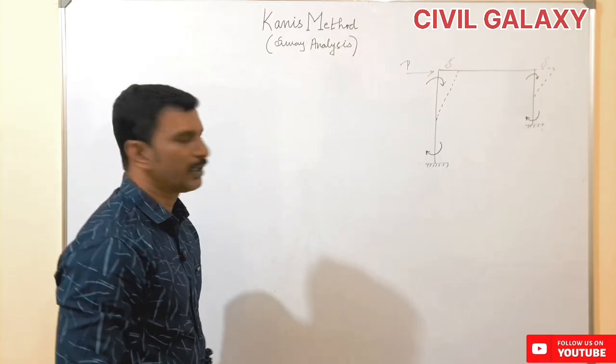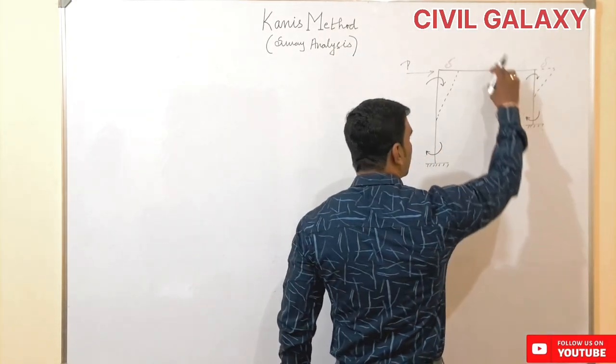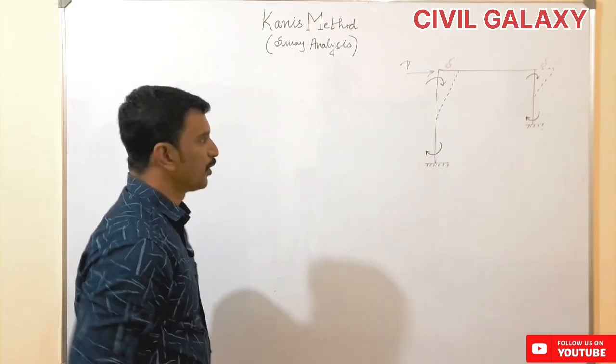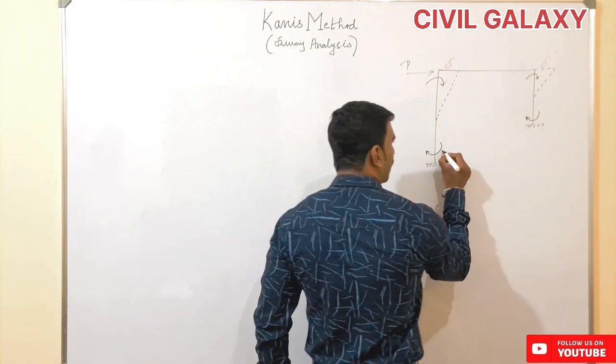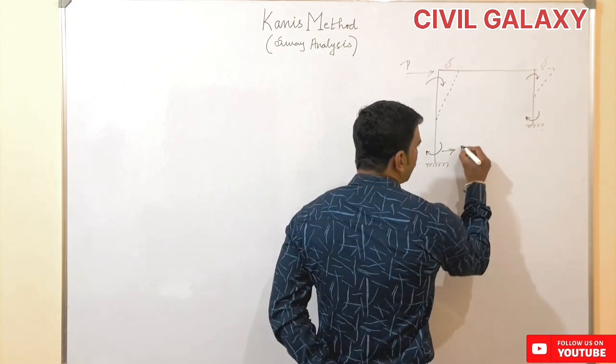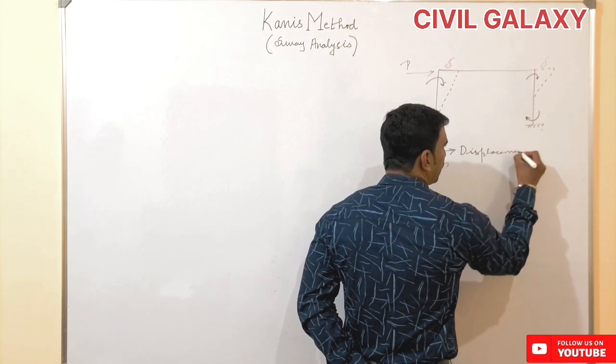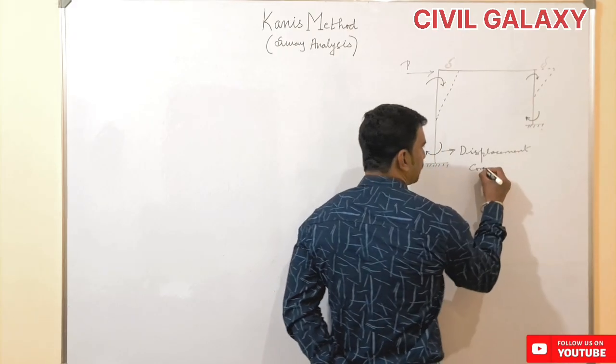And we have to remember that the additional moment is created only in the columns and not in the beams. This additional moment we can call displacement contributions.